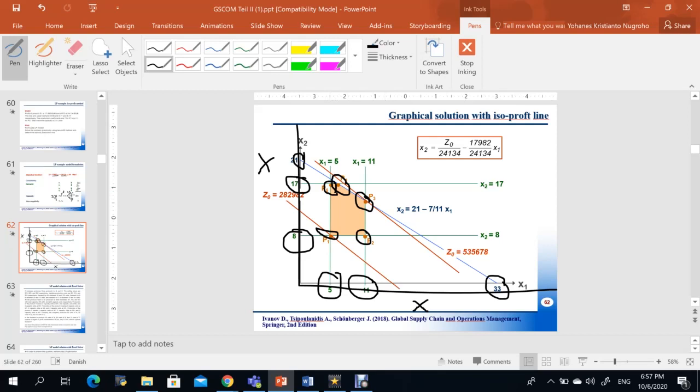We can do it in two ways. First, we can find the values of these 5 points, and then we pick the one which gives the highest profit. Otherwise, we can compose this line equation.